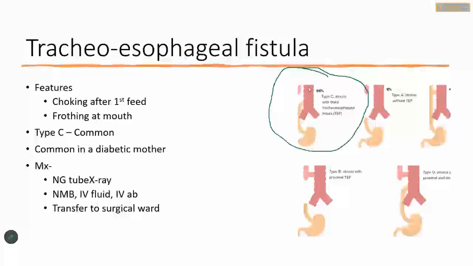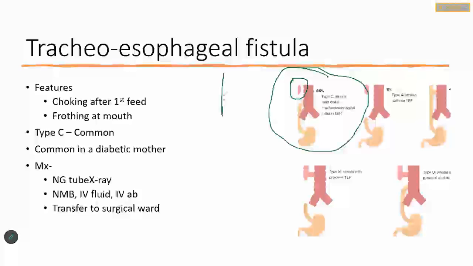And what happens in type C tracheoesophageal fistula is the trachea is normal, as always. When we take the esophagus, the proximal end is blinded, so we can see there is no continuation. It is just a blind end.